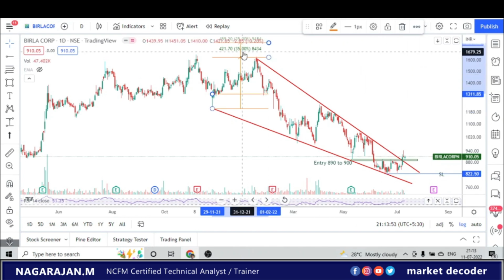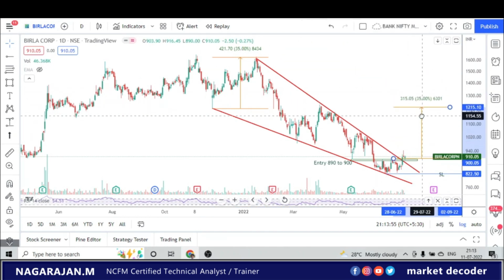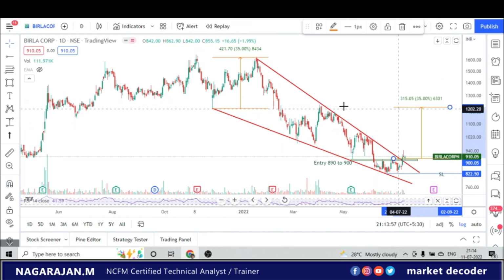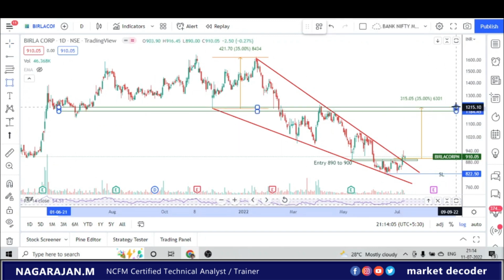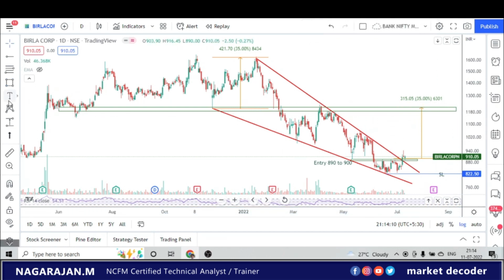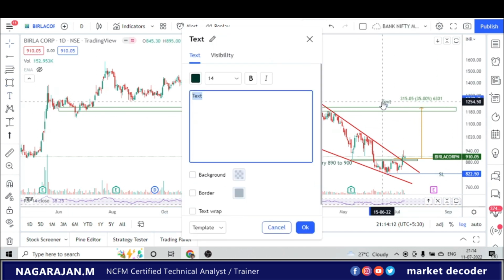We'll clone that. That is going to be our target from the breakout area. That will be coming around this top, which is a resistance zone or supply zone, we can call it. So this zone remains the target. That is where the falling wedge will complete its target.